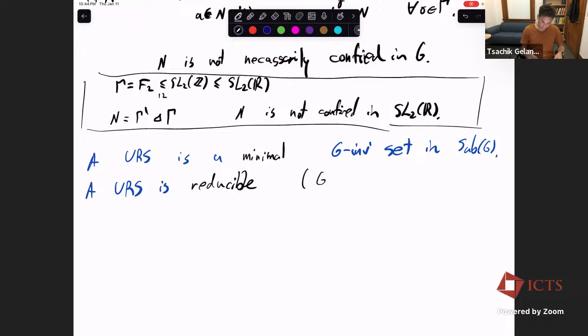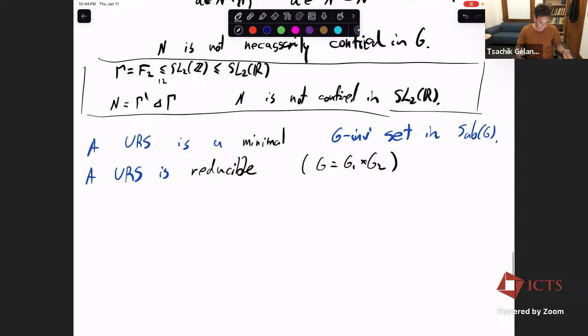Here I think of G as having more than one factor, but it could actually be a simple group, where one of the factors could be trivial. So a URS is reducible if it consists of a product.